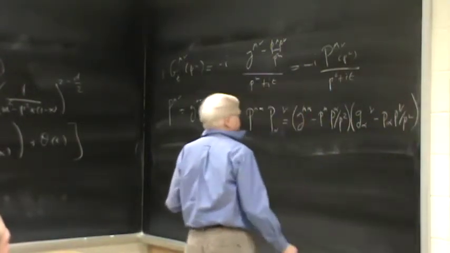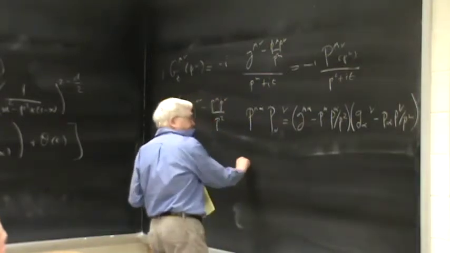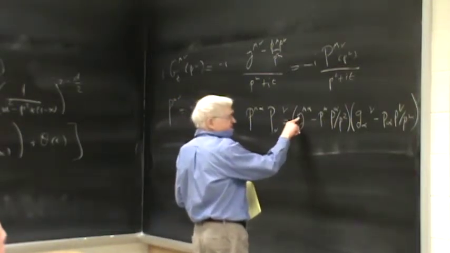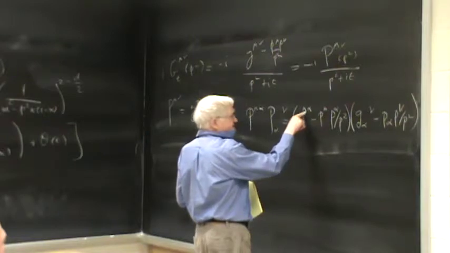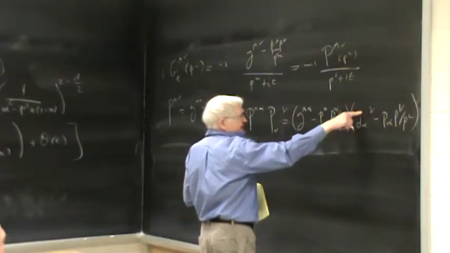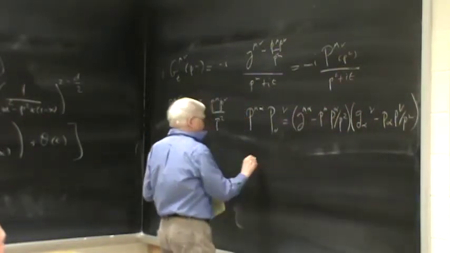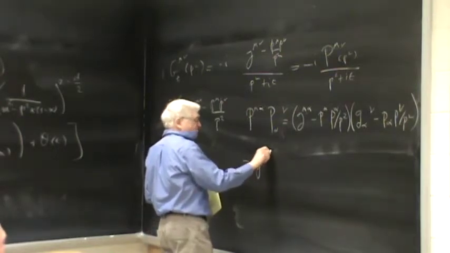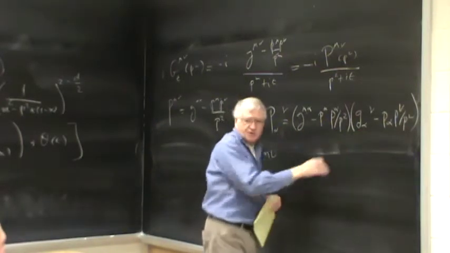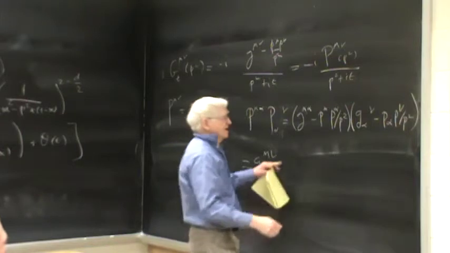Okay, so let's multiply this out. The first term, what does this do? This thing just raises the alpha and makes it a mu. So this is just g mu nu, because we're summing over alpha.